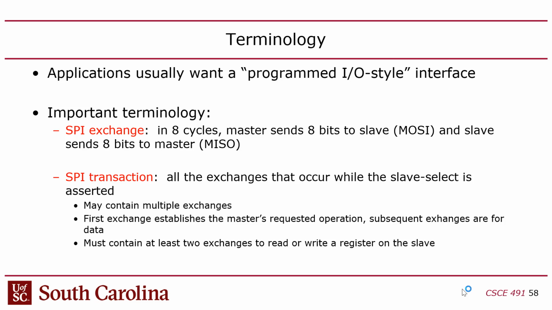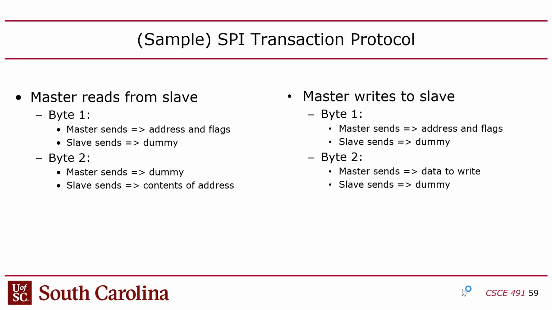It's not standardized. It's not enforced. Because again, SPI is a very informal protocol. So in order to use SPI, you have to look up the data sheet of the peripheral that you want to communicate with and use whatever protocol it describes in there.